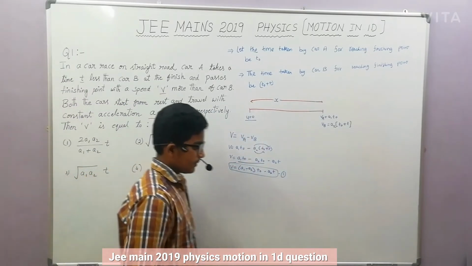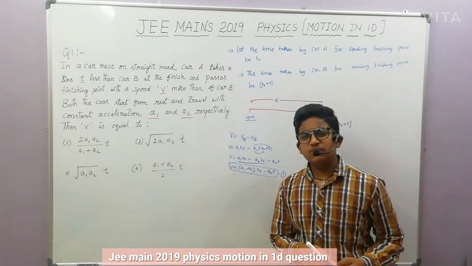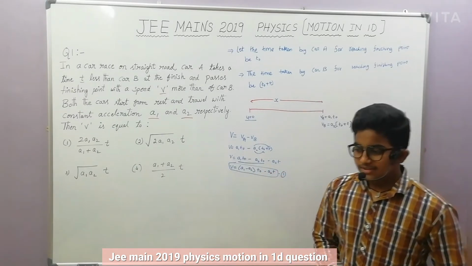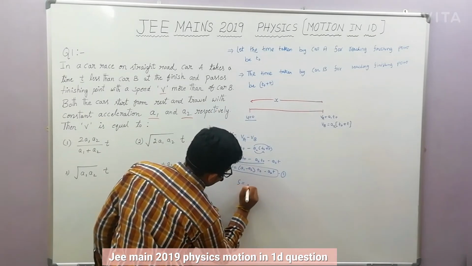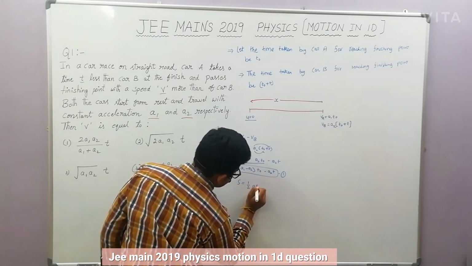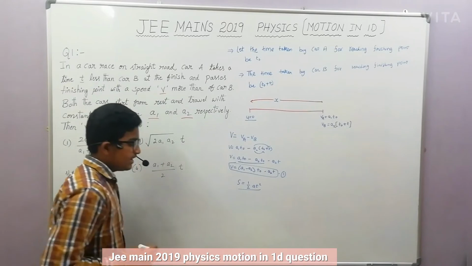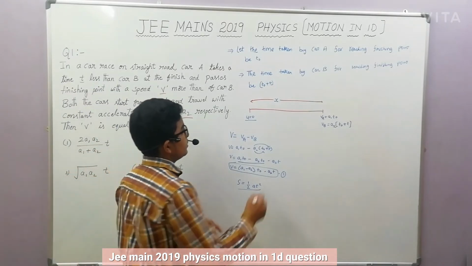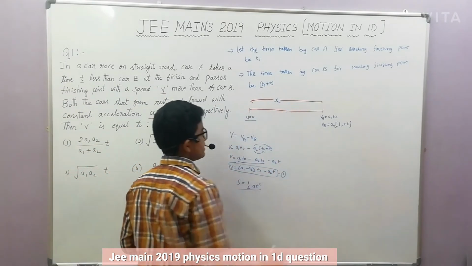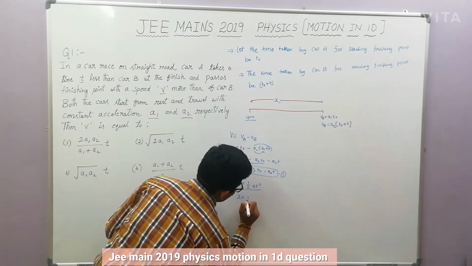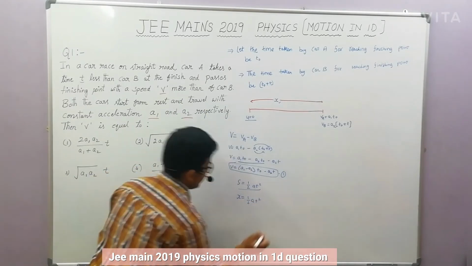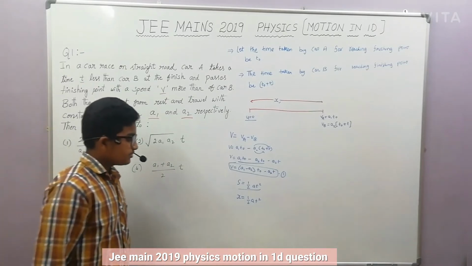Let's take this as equation number 1. We studied equations of motion. In that, we have s is equal to half a t square. Here, s means distance, and we took our distance as x. So x is equal to half a t square.